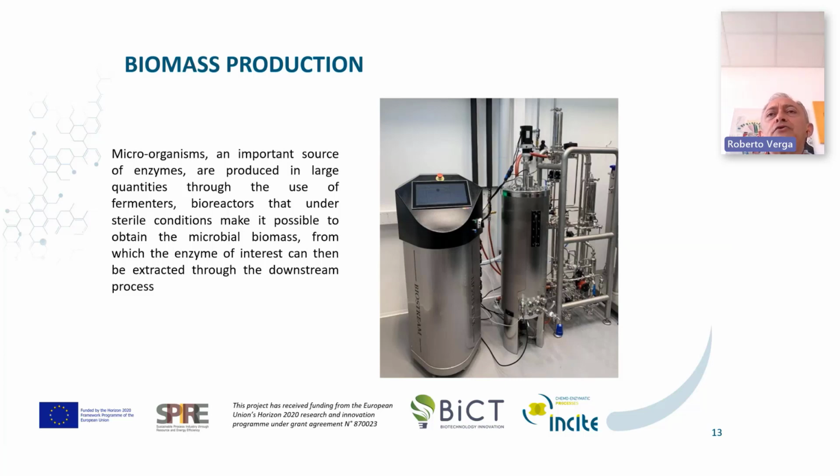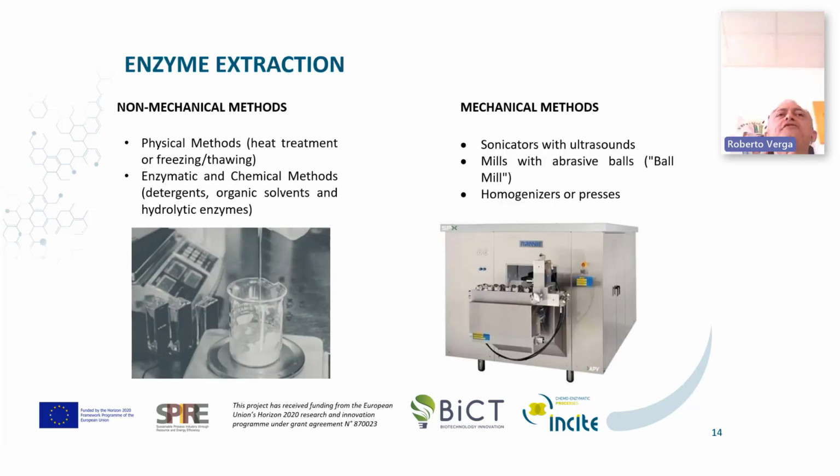In this case, I have to harvest the biomass and then continue with the downstream part. The downstream part where, starting from my biomass, I can think about the extraction of the enzymes and to have at the end not the biomass, but a clear solution containing my enzymes.